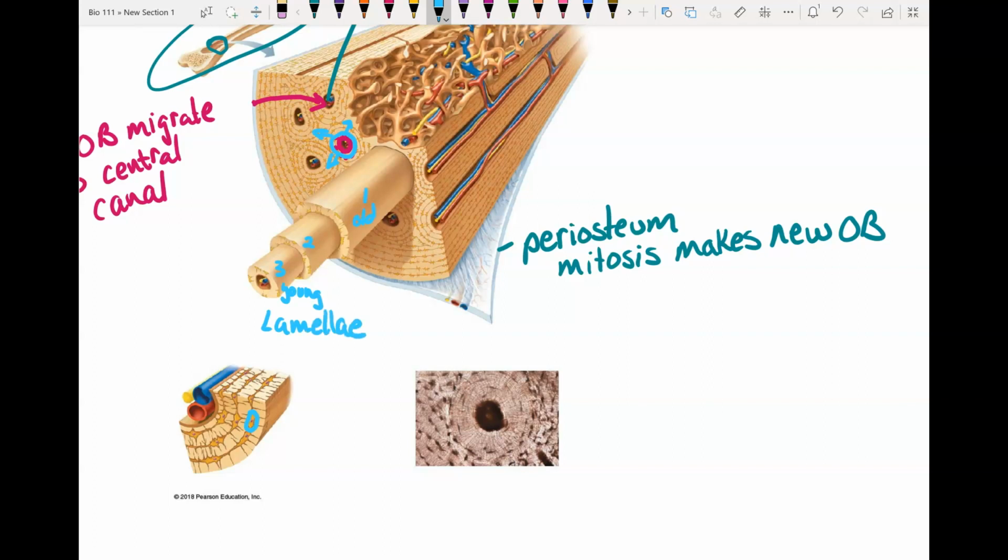So here we have 3 lamellae. So the ones at the outer edge are the oldest, the ones closest to the central canal are the newest. Now, if this just kept going on and you never got rid of old tissue, your bones would be huge. They would just keep getting bigger your whole life. But that's not the case. They stay at a constant size.